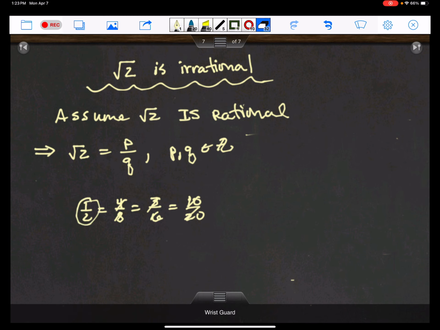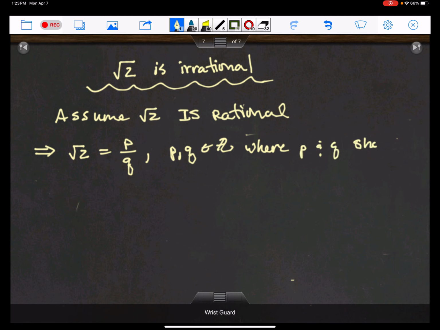So we're going to make another assumption about our square root of 2. Not only is it the quotient of integers, but we're going to have it in its most reduced form. That means p and q share no common factors, because if they did, I could reduce it, and those would be my new p and q.